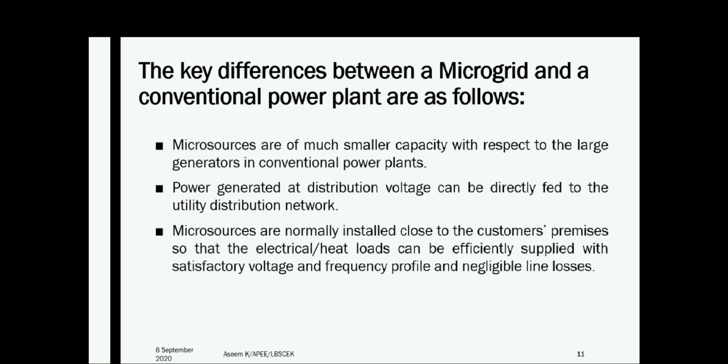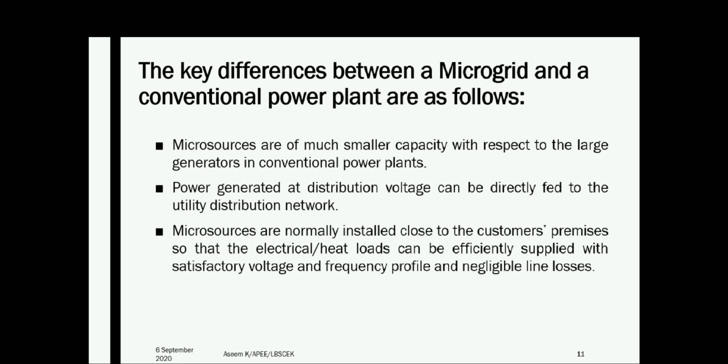Then micro sources are normally installed close to the customer's premises so that electrical or heat loads can be efficiently supplied with satisfactory voltage and frequency profile and negligible line losses.